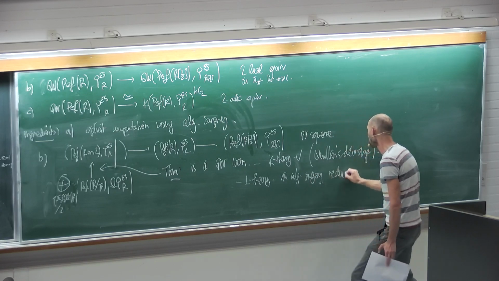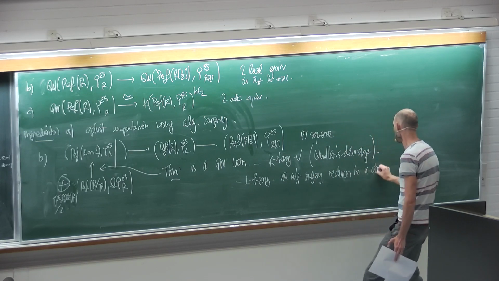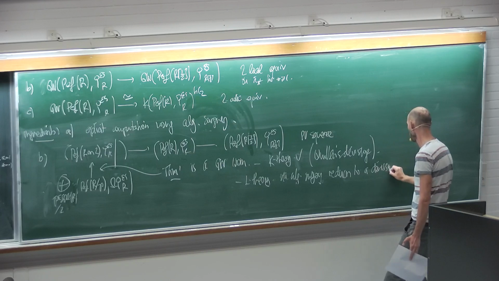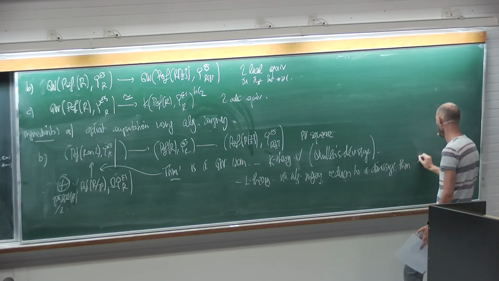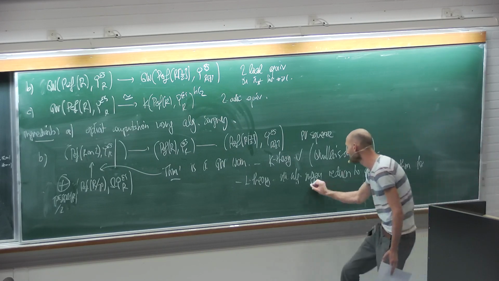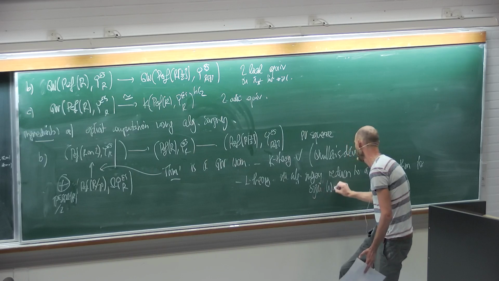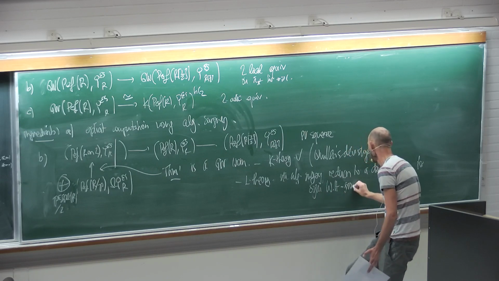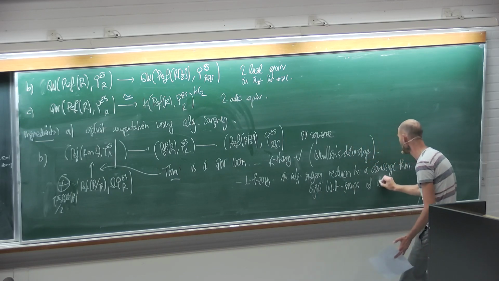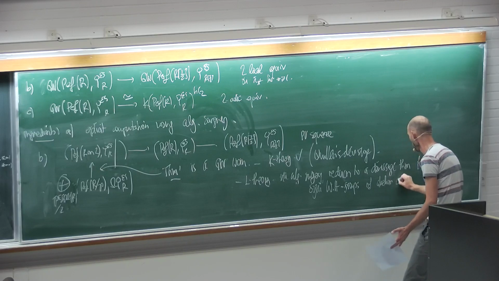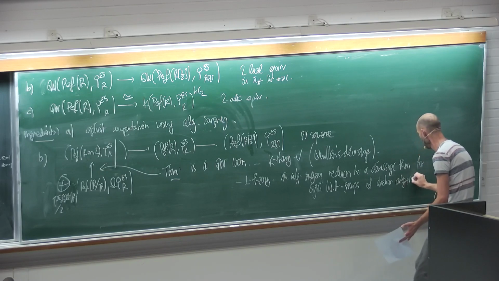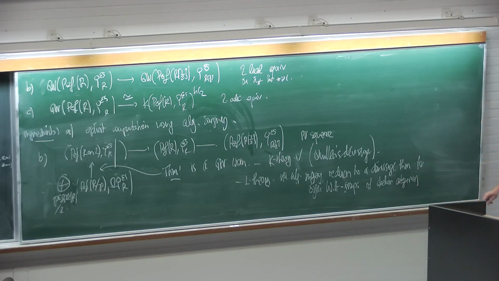The statement you want to prove reduces to a dévissage theorem for symmetric Witt groups of abelian categories. And then you open up old books, and Knebusch and collaborators tell you you're good.